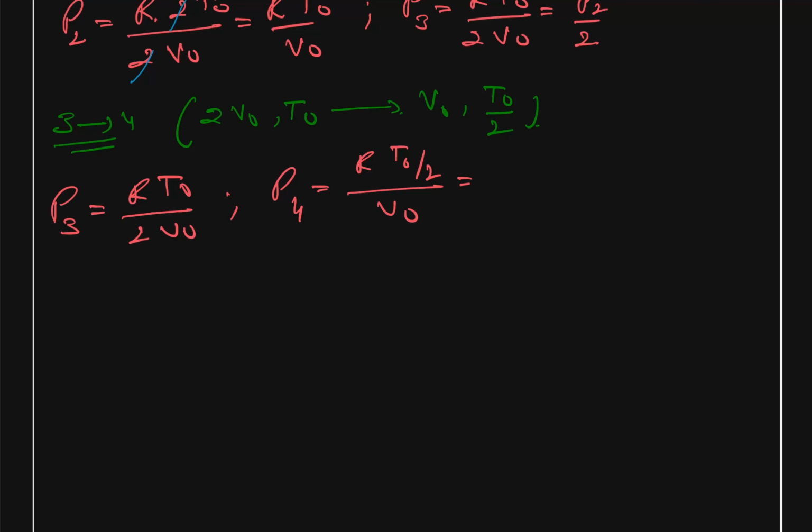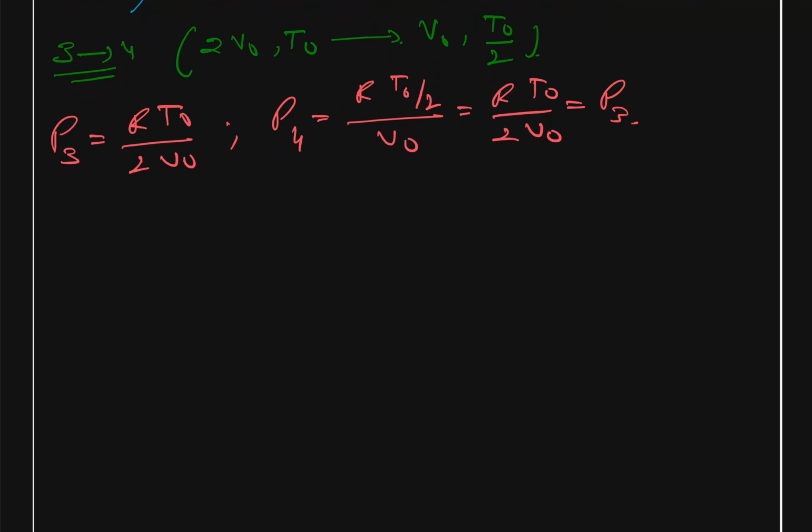So this comes as R T0 divided by twice V0, which is nothing but our P3. So once again, the pressure at 3 is equal to the pressure at 4. Therefore, this is constant pressure, and we have this as isobaric.